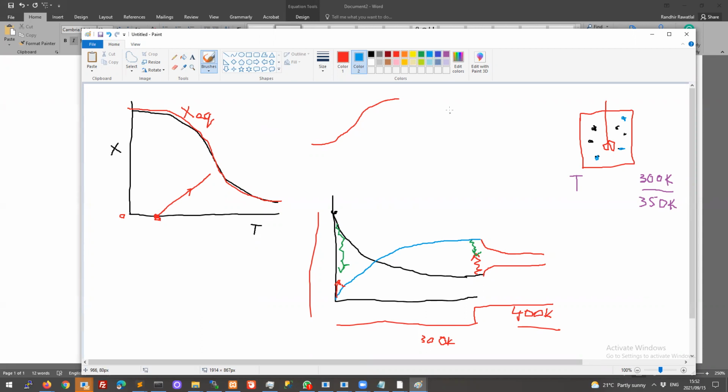Let's draw the other case. So let's say you have the endothermic case. It turns out if you plot that equilibrium curve, it actually looks like this.